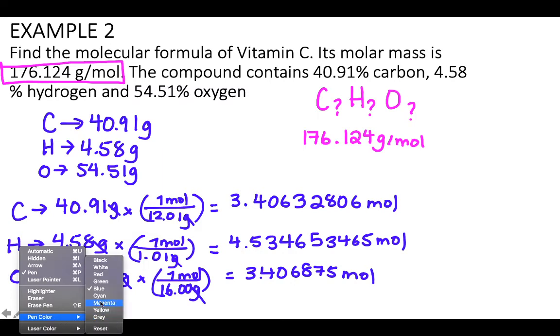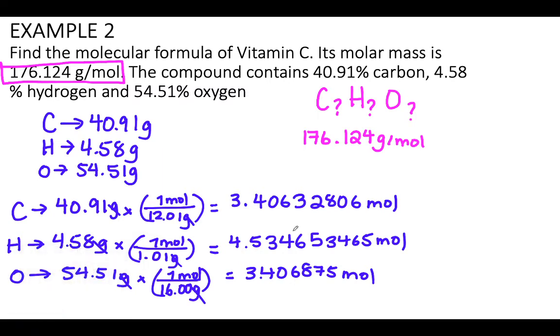Now, just like we did in the video where we found the empirical formulas, you have to see which one is the lowest value and divide all of the numbers by that value. And the lowest number is this, 3.406. So I'm going to divide all of the other ones by that number. Because these are the same number, when I divide these two, I get the number 1.